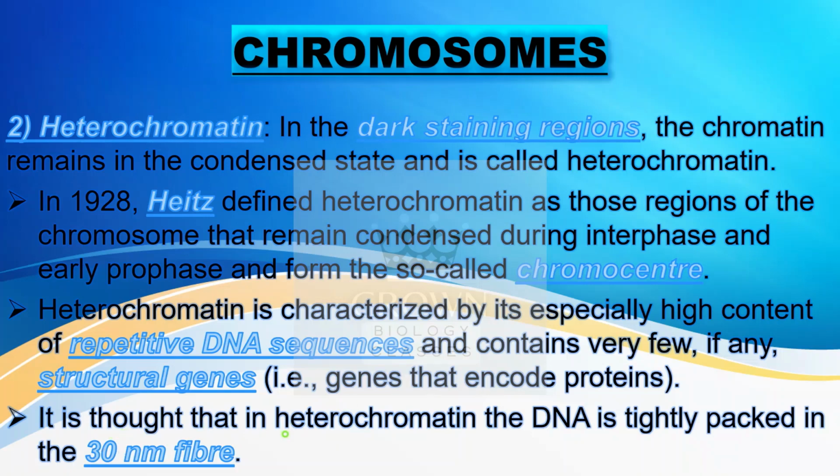It is thought that in heterochromatin the DNA is tightly packed in the 30 nanometer fiber, whereas in euchromatin the DNA is loosely packed in 3 to 8 nanometer fiber. These repetitive DNA sequences refer to the DNA fragments that are present in multiple copies in the genome. For example, telomeres are DNA repeat sequences.